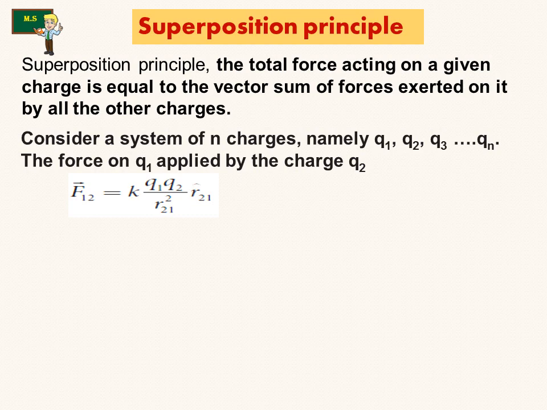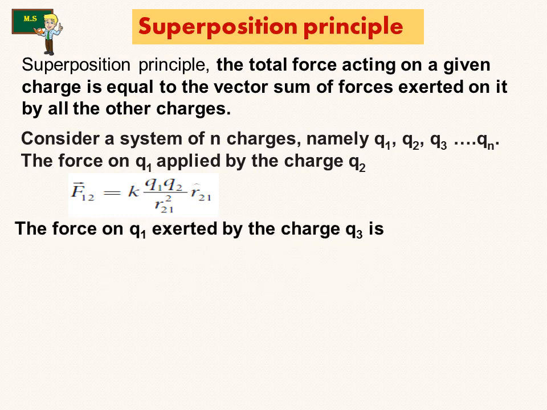As per Coulomb's law, we can substitute F12 vector is equal to k, which is a proportionality constant, into q1 q2 divided by R21 square, into R cap 21.